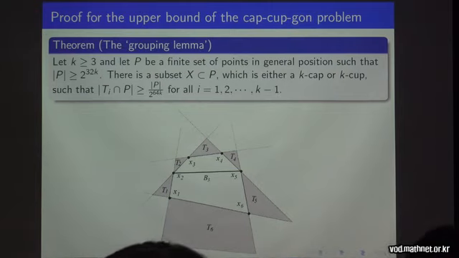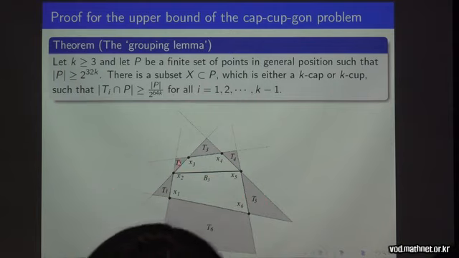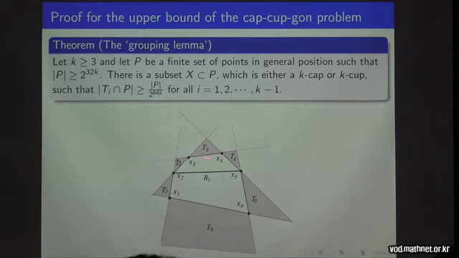So what Andrew Suk did was to use this grouping lemma. He took a large point set P. Then we can prove that if P is large enough, then we can find either a k-cup or k-cap, so that the triangles we can make above the cup or below the cup contain a positive fraction of the whole thing.